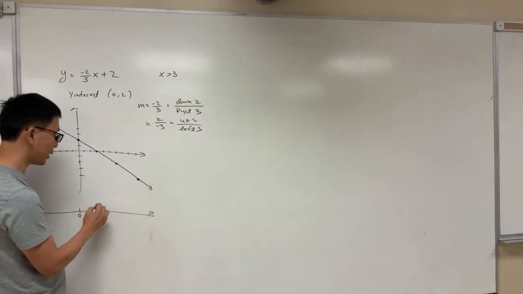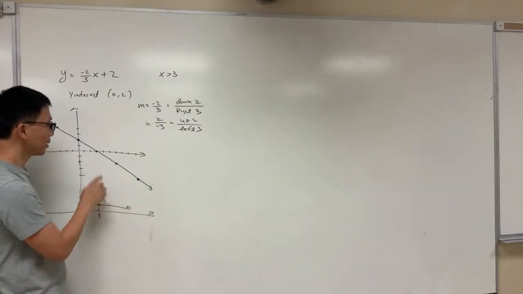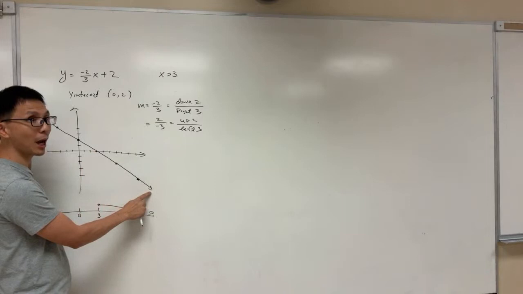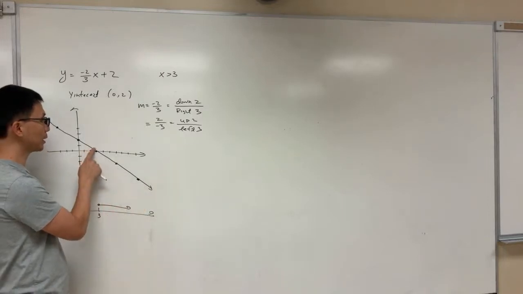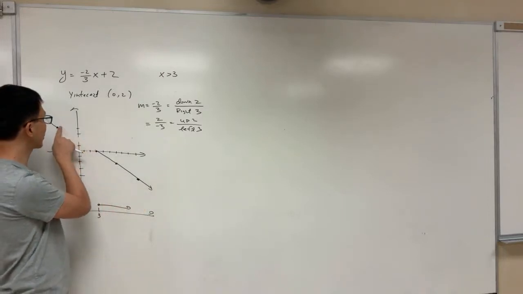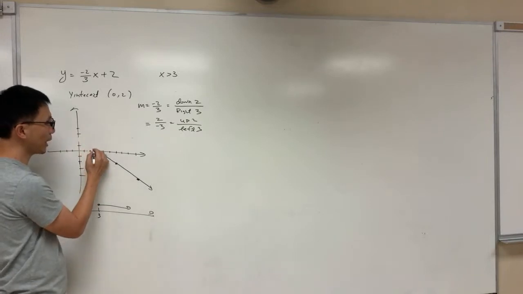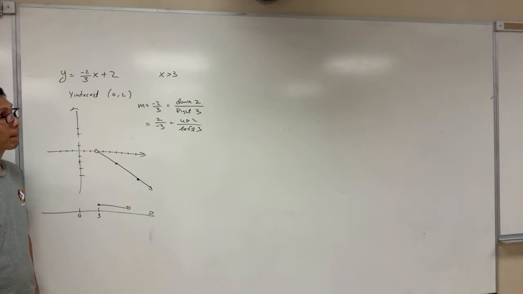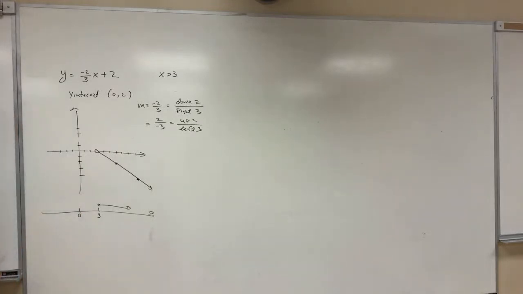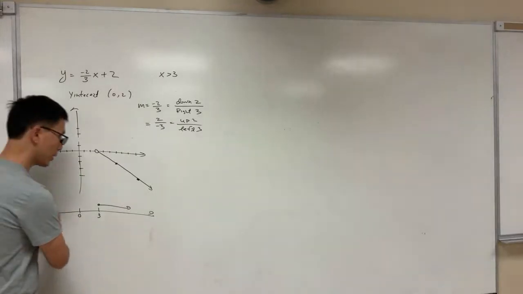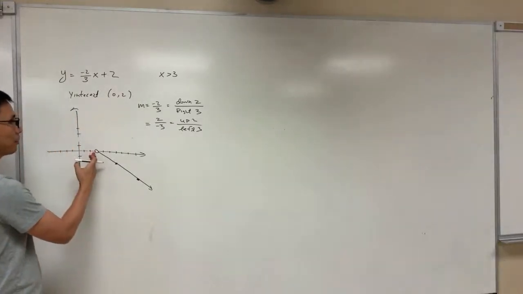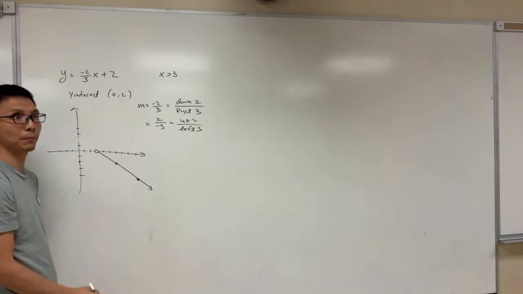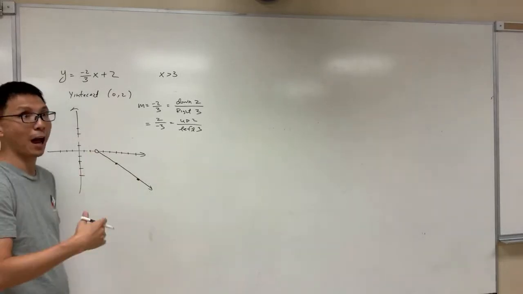Anything greater than 3 is this part, so anything on this side I'm going to keep, and anything on the back side I'm going to erase. This is going to be an open circle. Why an open circle? X greater than 3, so anything above 3 is the part of the graph I'm going to keep.